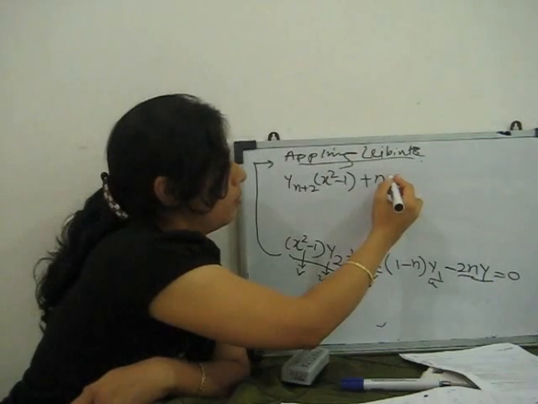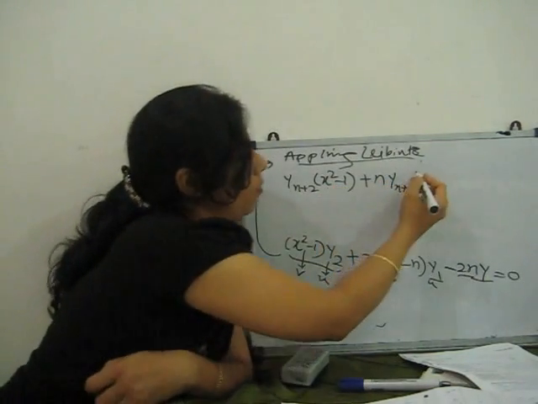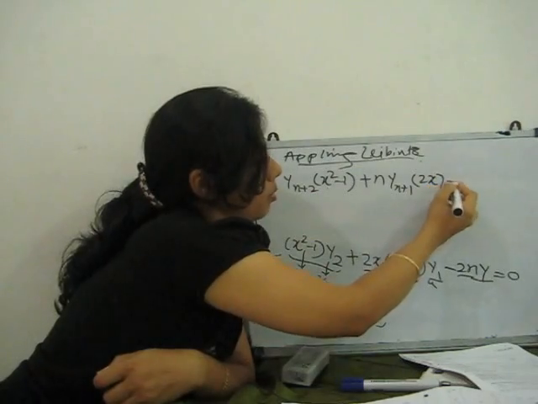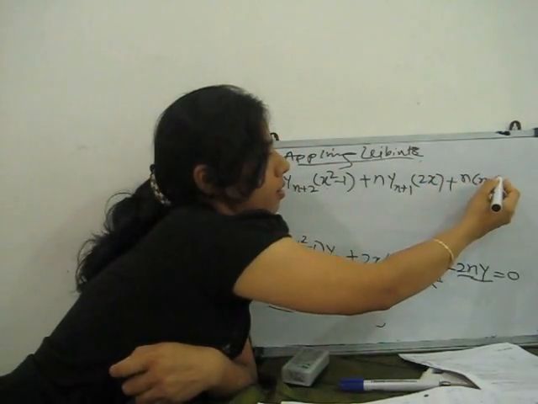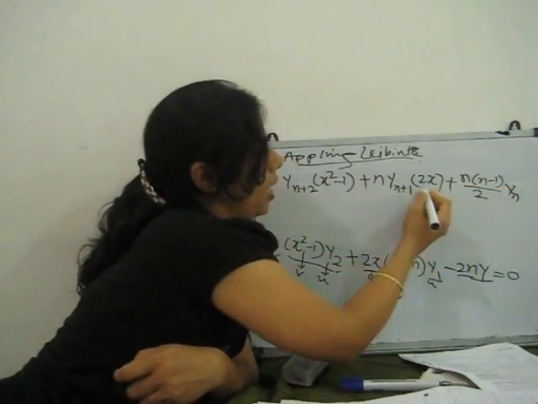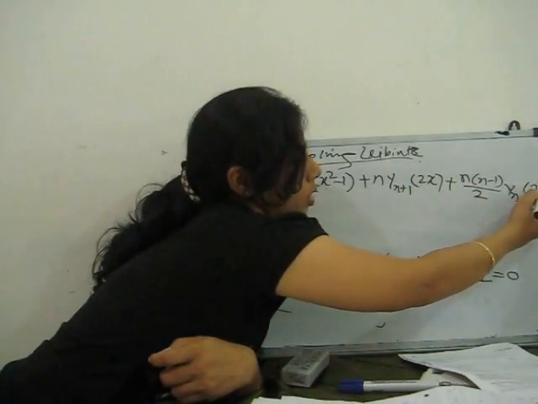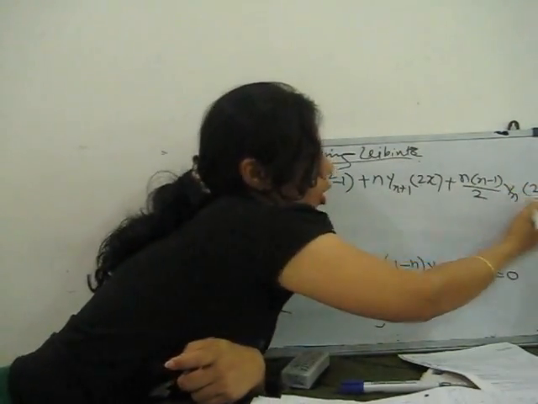U n minus 1 means y of n plus 1. The derivative of this is 2x, plus n(n minus 1) by 2. One more derivative reducing means y n, and the derivative of this is just 2. No more terms, because after that all are 0.